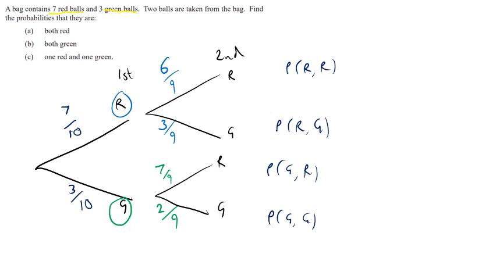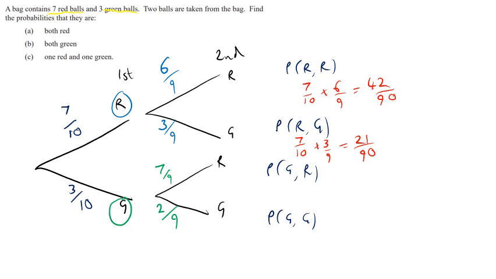And then let's just fill these in with some probabilities. So the probability of red then red is 7/10 times 6/9, which is 42/90. The probability of red then green is 7/10 times 3/9, which is 21/90.